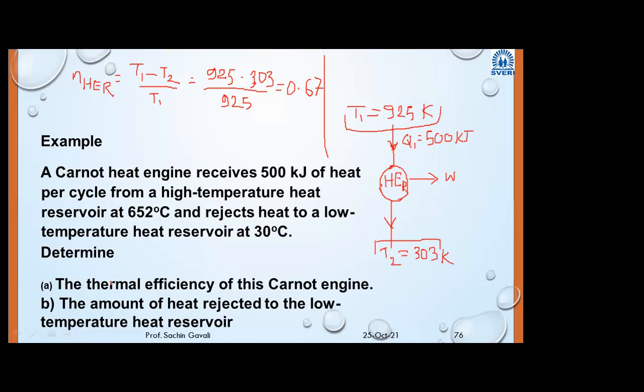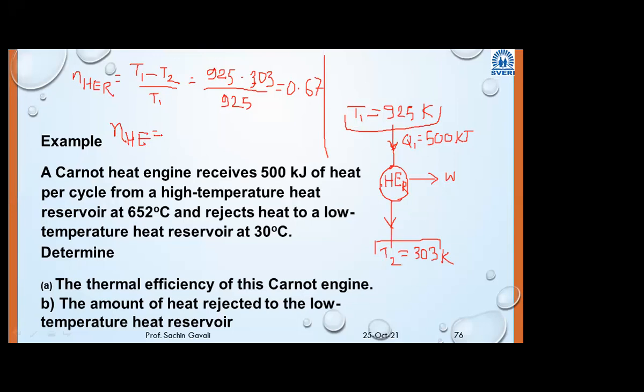They asked this, and the amount of heat rejected, that is Q2, is also asked. The heat engine efficiency of any heat engine, not only reversible or Carnot, is always a function of heat ratios.